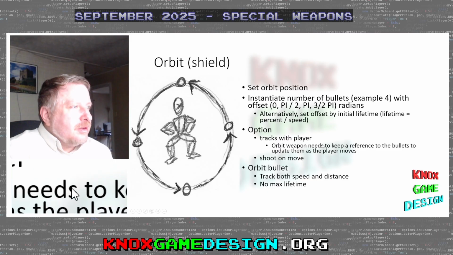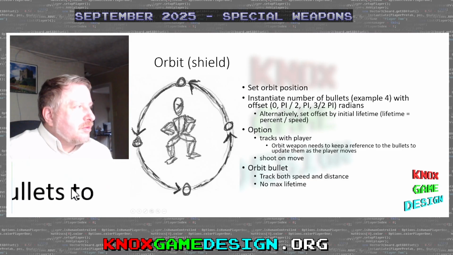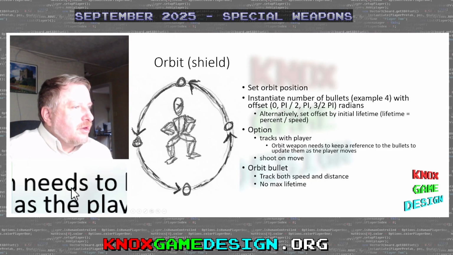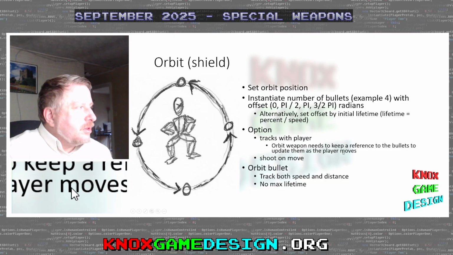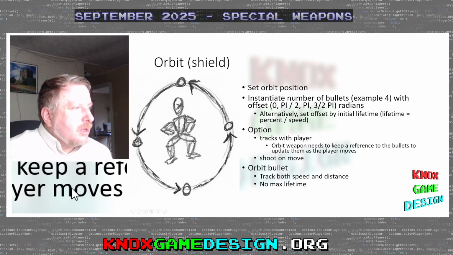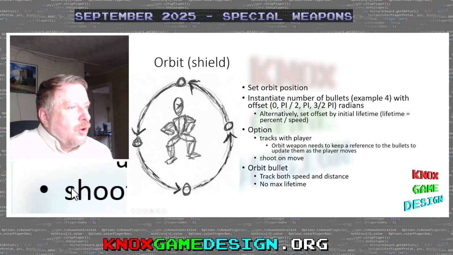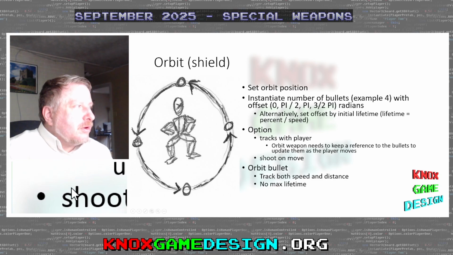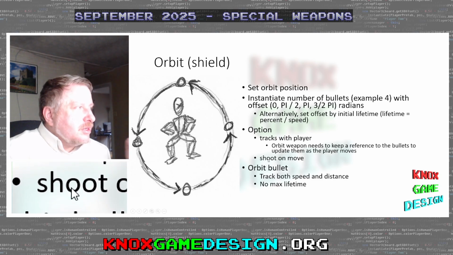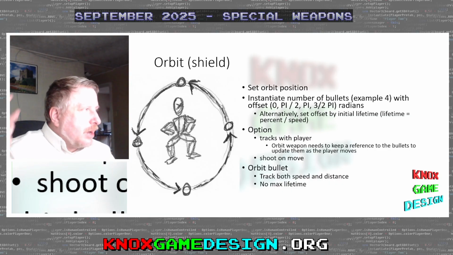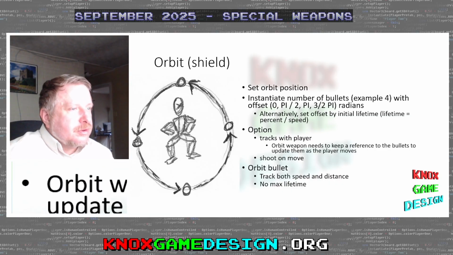But the orbit weapon needs to keep a reference to all the bullets associated with it, so it can update the bullet orbit position as the player moves. Or you'd have it where if the player moves, it just shoots off the projectiles in some way. They can either go outward or forward or up, or whatever you want to do.